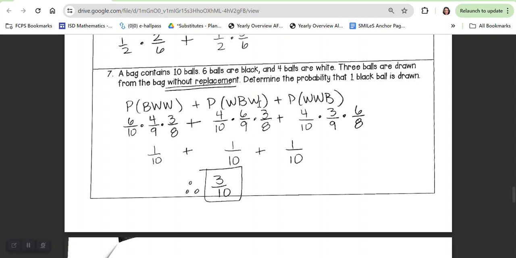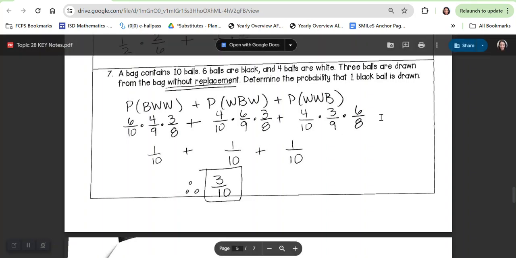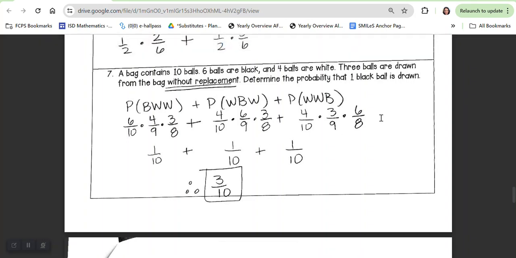And then remember, for this one to be white, we had already taken out that first white ball, so there's only 3 left and only 8 balls altogether. And then similarly, you can see the probability of white, white, black. Each of these will simplify to 1/10, and so there's a 3/10 probability that exactly 1 black ball is drawn.